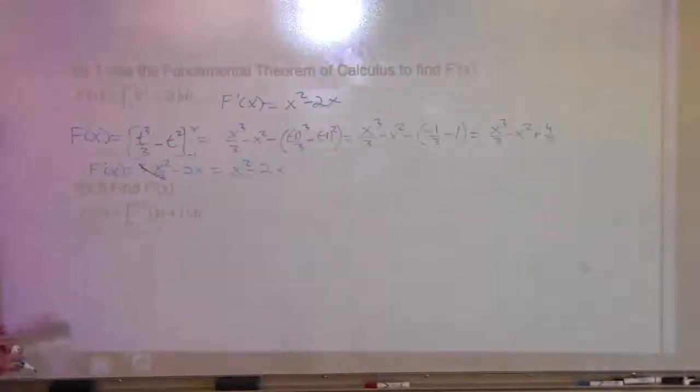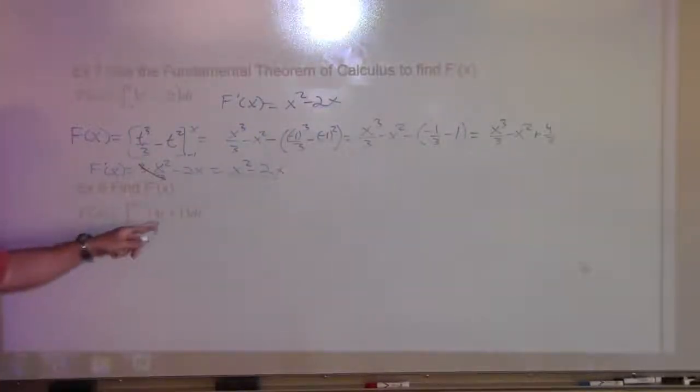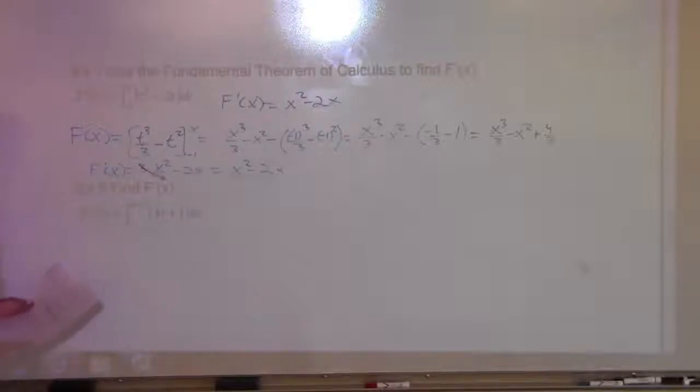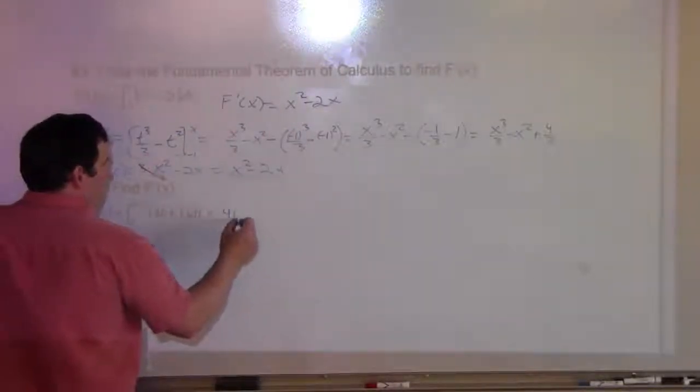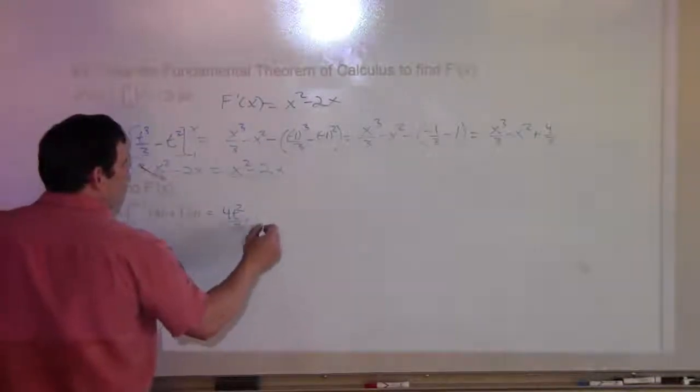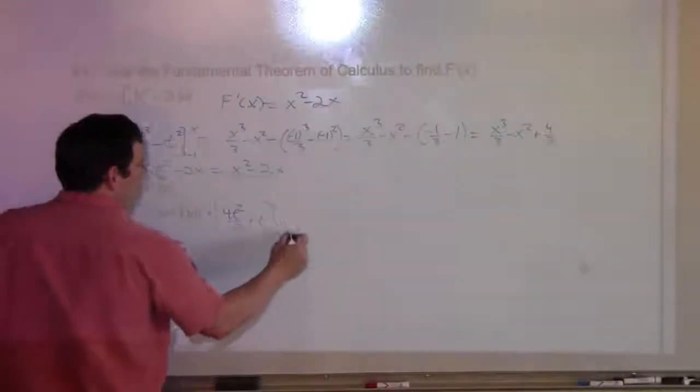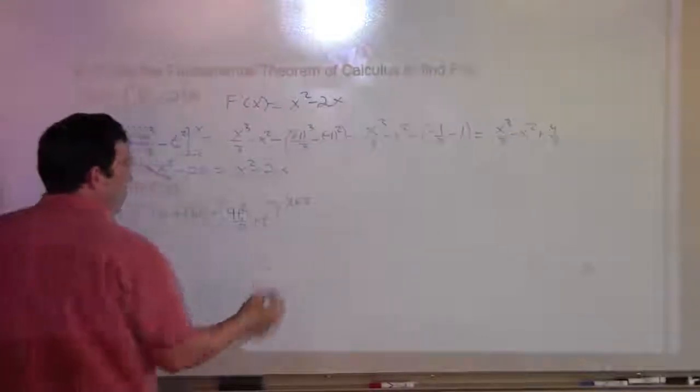How about F of x here? F of x is the integral from x to x plus 2 of 4t plus 1 dt. This is going to be 4t squared over 2 plus t from x to x plus 2.